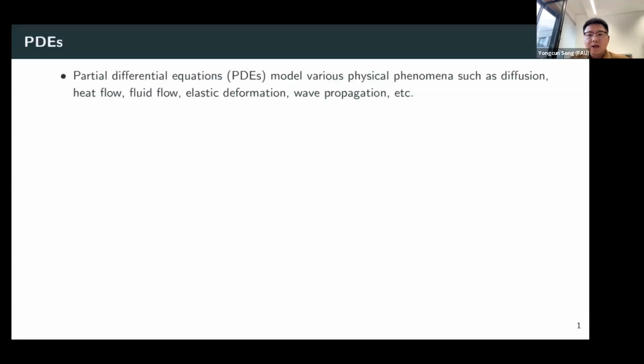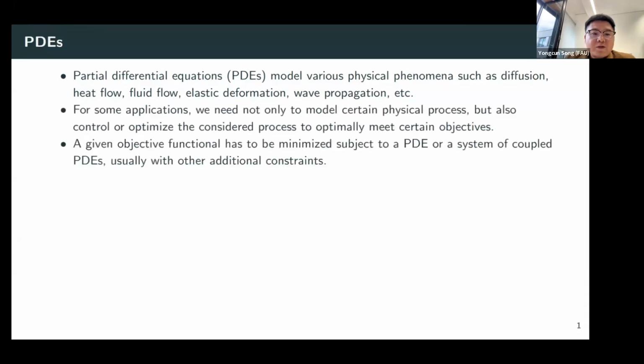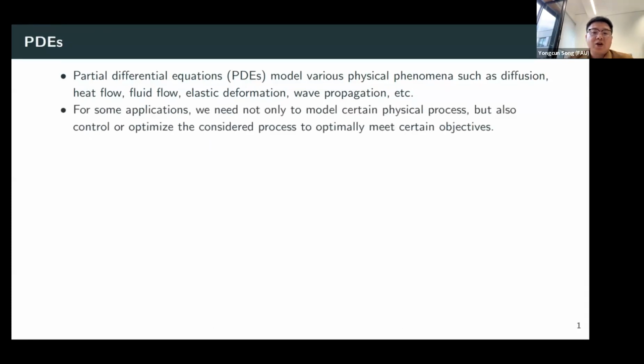First, partial differential equations model various physical phenomena such as diffusion, heat flow, fluid flow, and so on. And for some applications, we need not only to model a certain physical process, but also to control or optimize the considered process to optimally meet certain objectives.